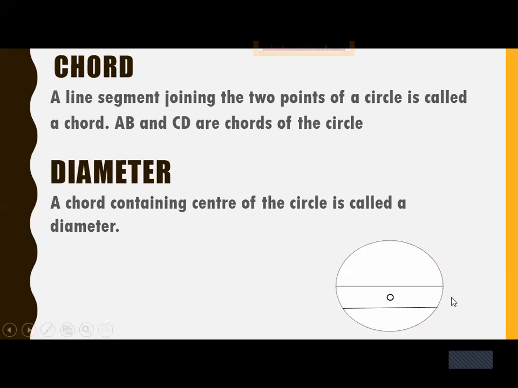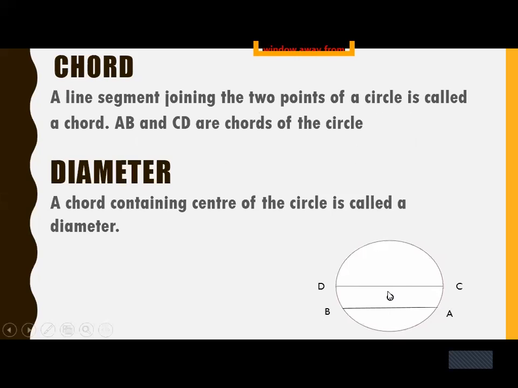Now, what is a chord and what is a diameter? Look at the diagram carefully. Both CD and AB are chords, a line segment joining two points of the circle. So CD is a chord and AB is also a chord. Now, what is the difference between a diameter and a chord?